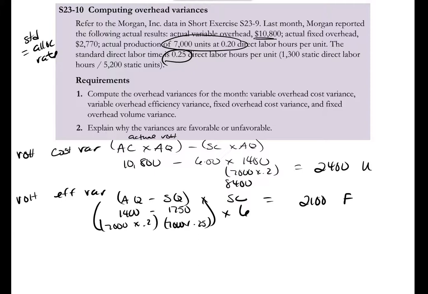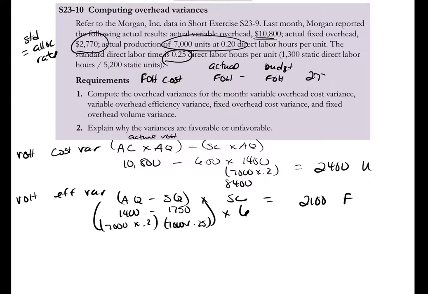The fixed overhead cost variance, I'm going to put that one up here because that's fairly short. Fixed overhead cost variance is just the difference between the actual fixed overhead and the budgeted fixed overhead. The actual fixed overhead, they told me, is 2,770.